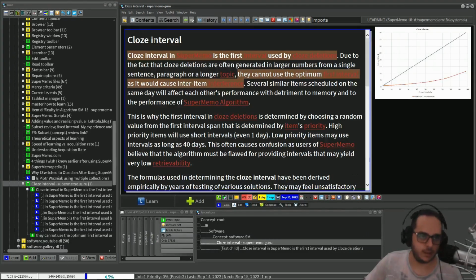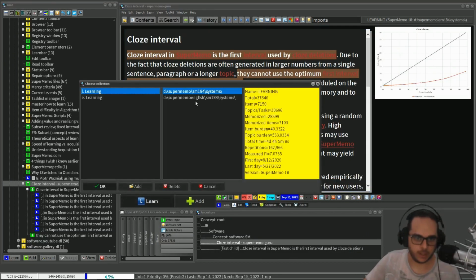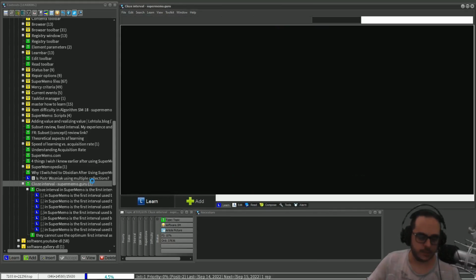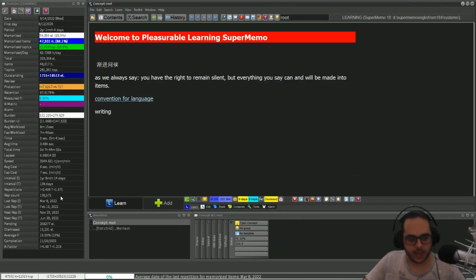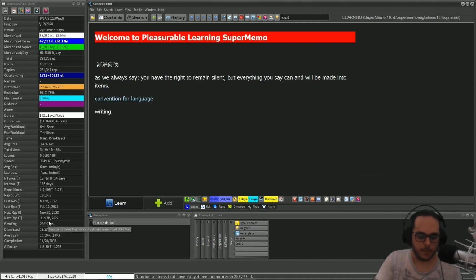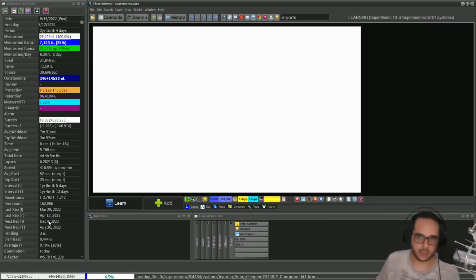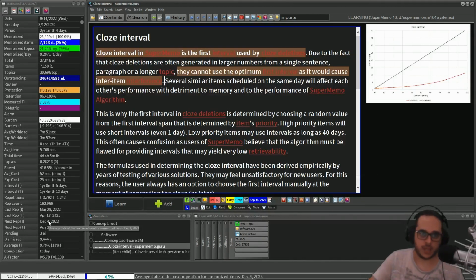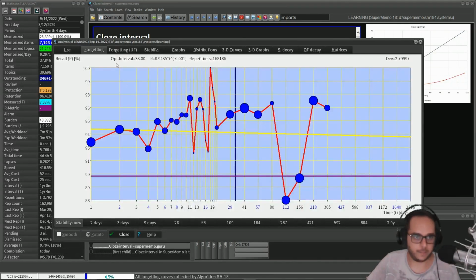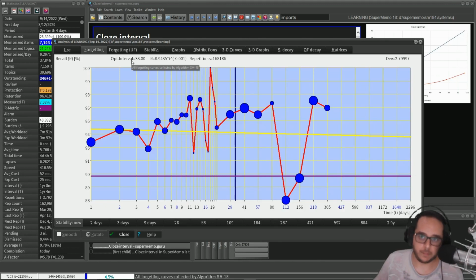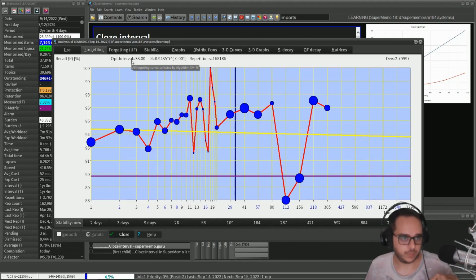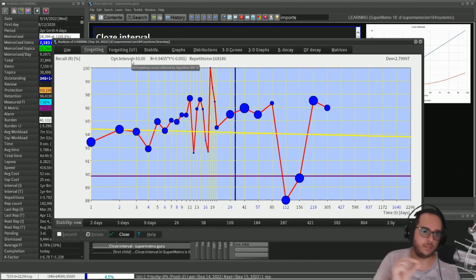Yeah, and just to be more explicit, now I have two collections. But basically, I was a heavy user of the pending queue. As you can see, I have about 250,000 elements in the pending queue. That's why in most of my videos, I was saying that based on the English items, I was having a huge optimum interval, which is true because I was creating my own cards from English, making clozes on topics.